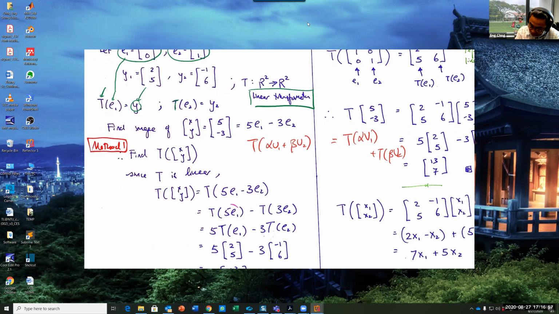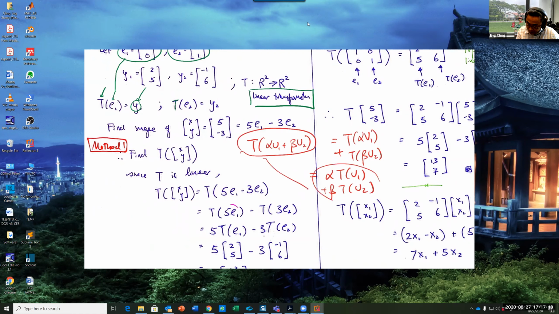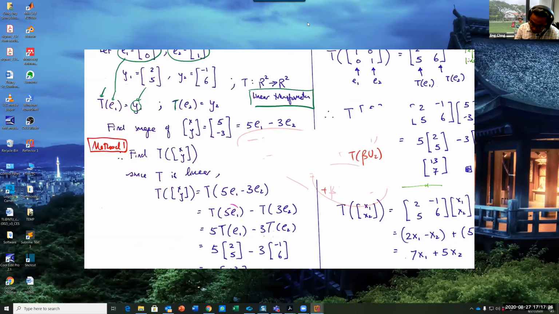That's a big deal. The second big deal is that the little alpha and the little beta can be taken out. It equals alpha TV1 plus beta TV2. If we can go from here to here, then this big T is called a linear transformation. Now you understand the word linear transformation.